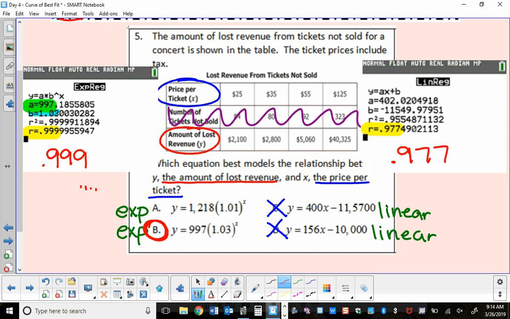So what we had to do is compare R's. We looked at linear, looked at exponential. We knew the exponential was higher. So that's my line of best fit. And then we compared my information. Any questions there?